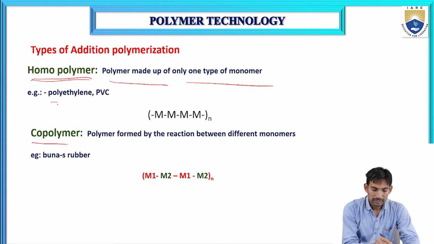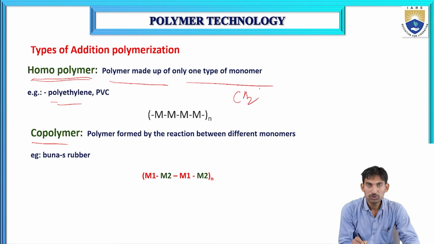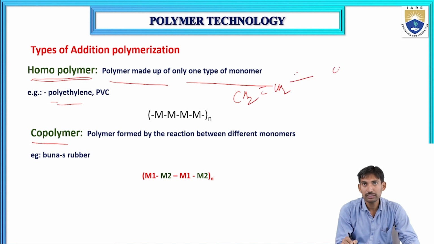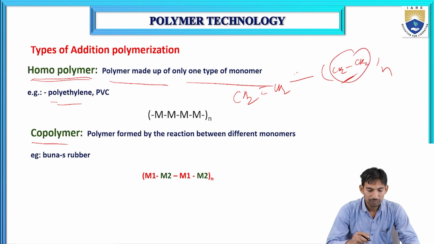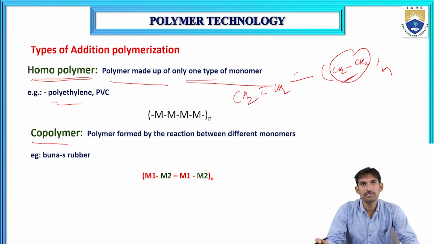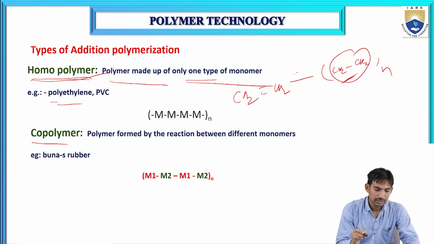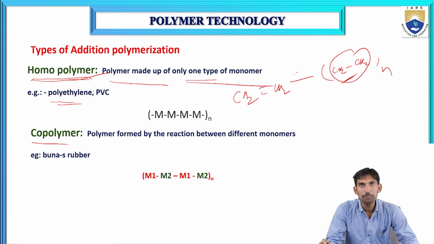Take polyethylene: CH2 double bond CH2 undergoes polymerization to form polyethylene, and this monomer unit repeats several times. Here the monomer is only one, that is ethylene. The same one monomer repeats several times. That polymerization is called homopolymerization. Examples are polyethylene and polyvinyl chloride.